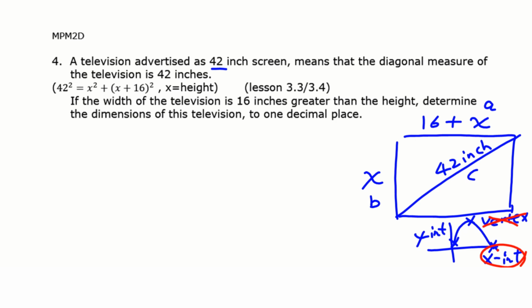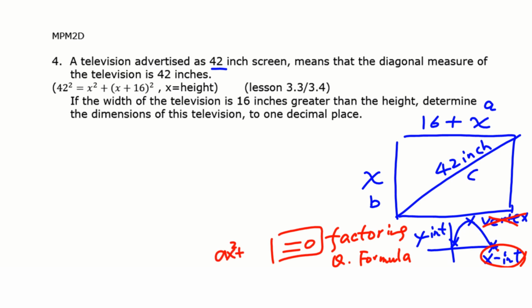So for the x-intercept, you have 2 ways, factoring or quadratic formula. Only 2 methods. No matter what, you need to make sure one side is 0. Ax squared plus bx plus c. This is the form you need to convert it to.